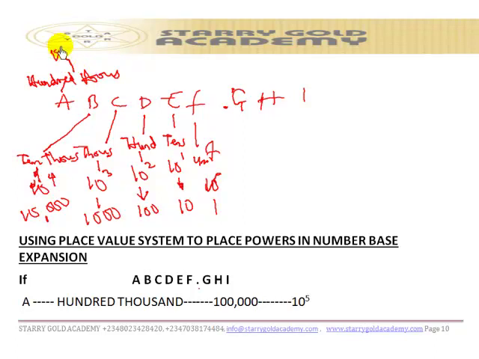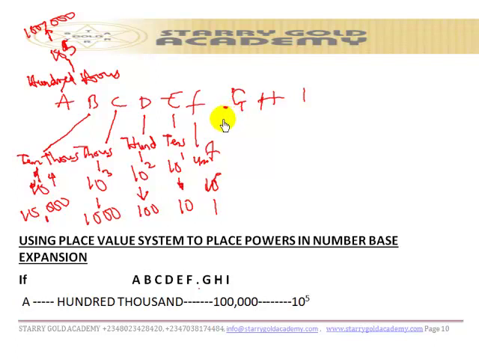That's 10 raised to 5. 10 raised to 5 is 100,000. Now you see.